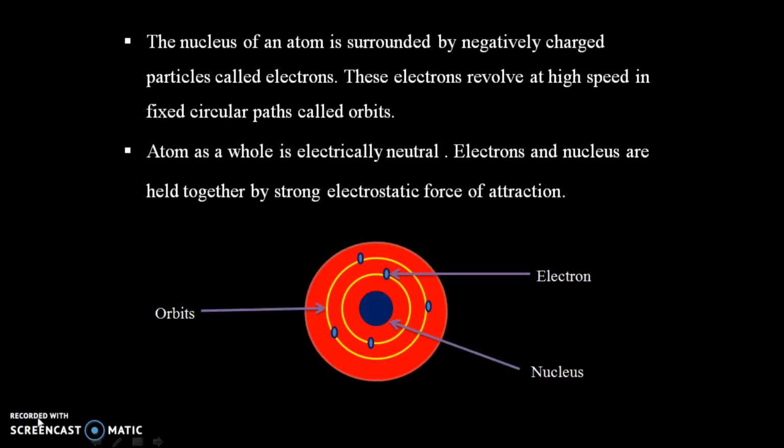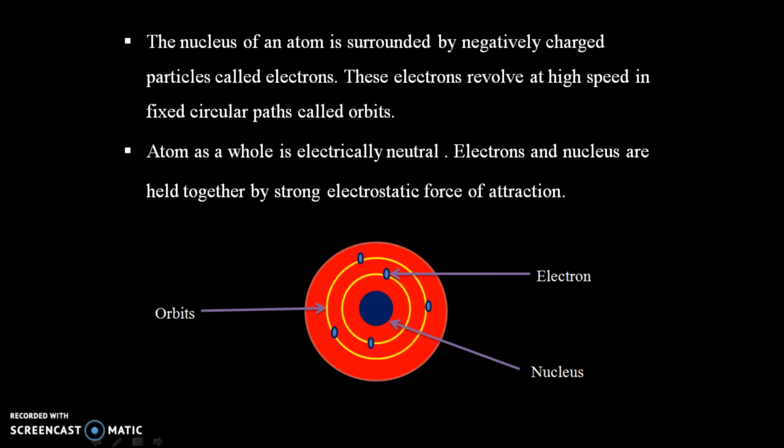The nucleus of an atom is surrounded by negatively charged particles called electrons. The electrons revolve around the nucleus in fixed circular paths called orbits. A strong electrostatic force of attraction holds the nucleus and the electrons, and hence the atom is electrically neutral.